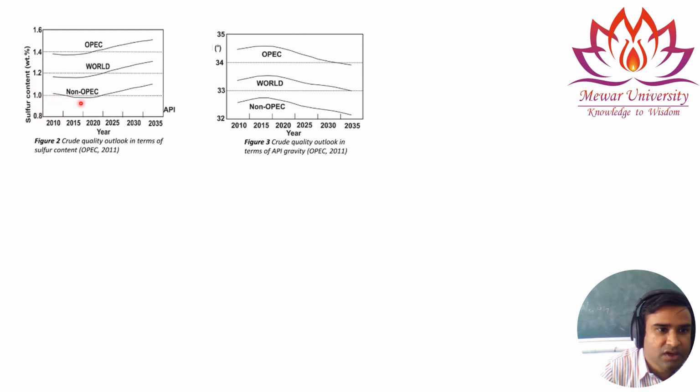This is crude oil that comes from non-OPEC countries, which are not members of OPEC. The complete world crude oil has sulfur content between 1.2 and 1.4 with respect to different years. So OPEC crude oil has high sulfur content and non-OPEC countries have low sulfur content.